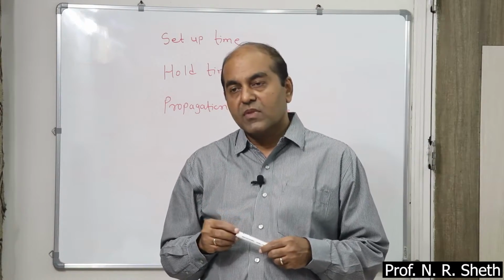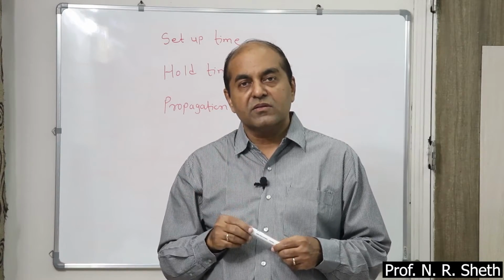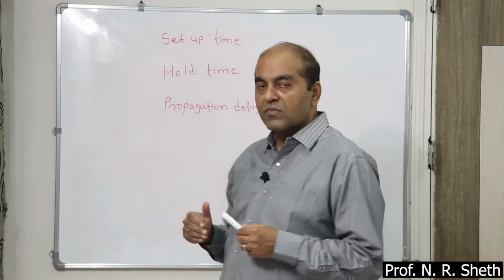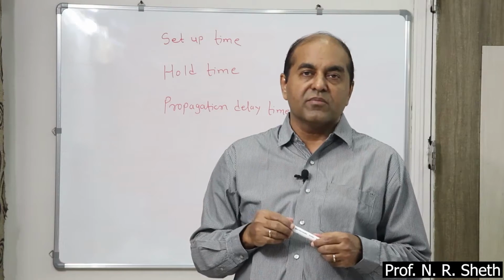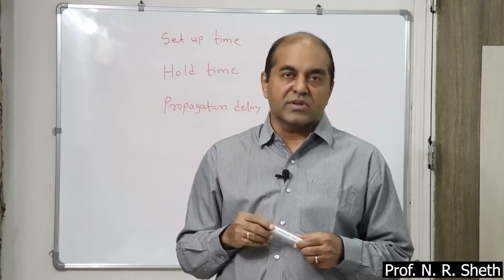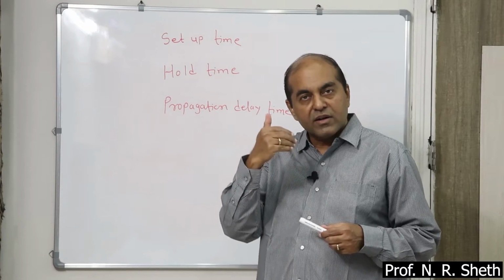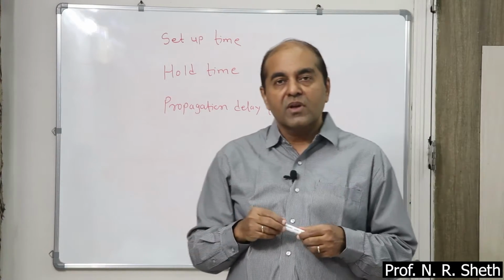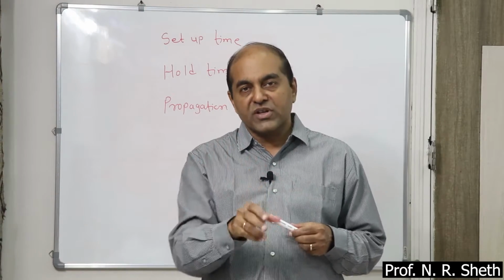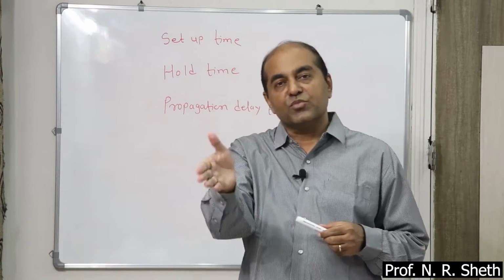Setup time is the minimum amount of time that data must be present before the clock pulse arrives. Hold time is the minimum amount of time that data must be present after the clock pulse arrives. Before, after. And propagation delay time is the time required by the internal devices like diode and transistor of the circuit to change the output after the input pulse is applied.